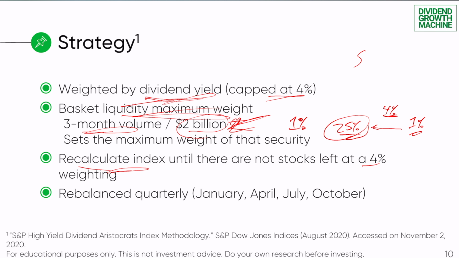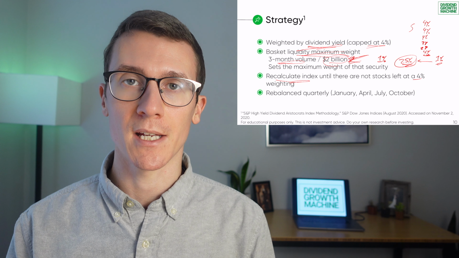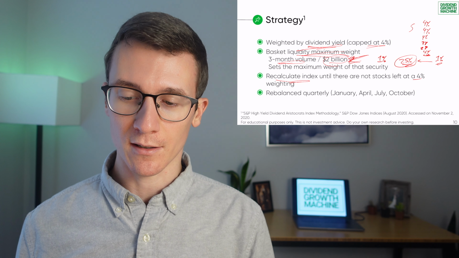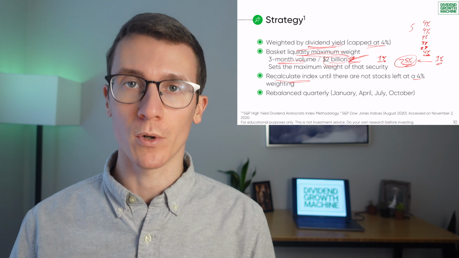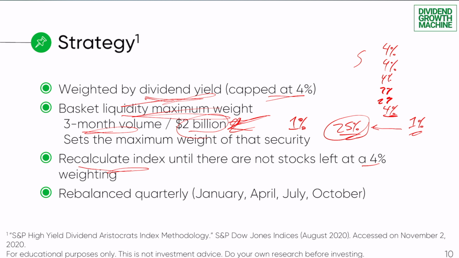So what this does is it says, okay, Exxon has the maximum weight of 4, Chevron has the maximum weight of 4, and you just keep coming down the list until there's no stocks left at the 4% weighting, and then we get into 3 and 2 and 1, and that's where the smaller cap names would get in there as well. So it just prevents one stock from really becoming a massive weight based on dividend yield alone.